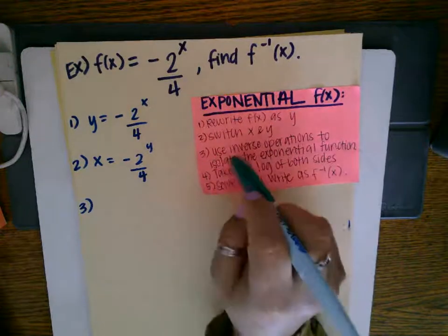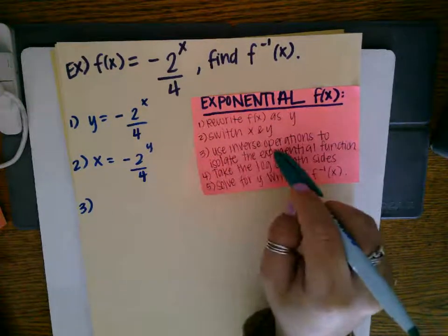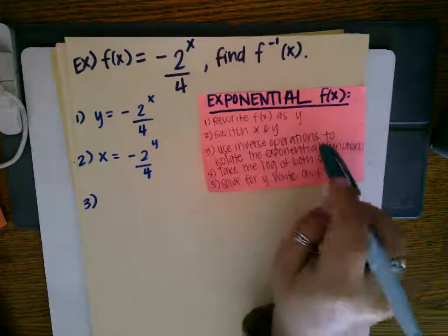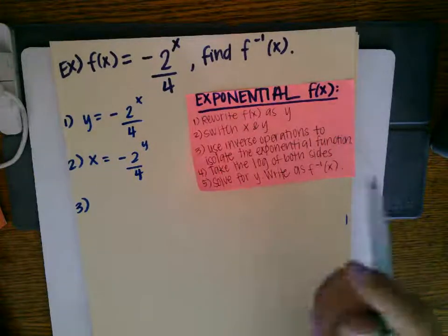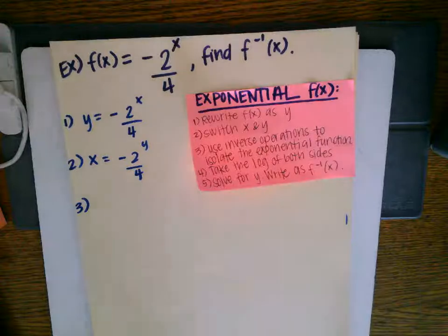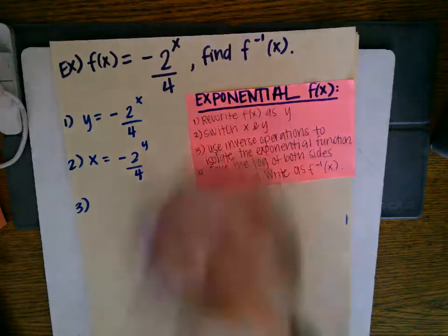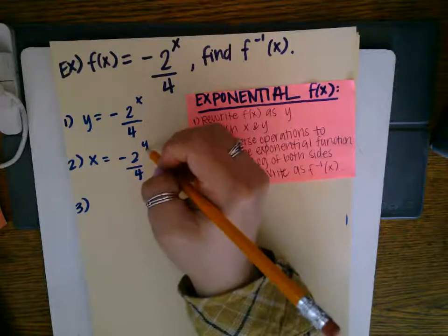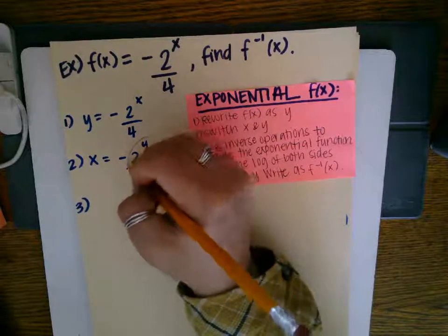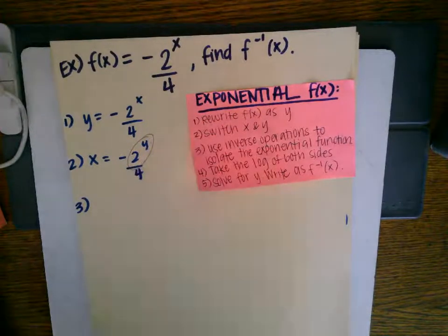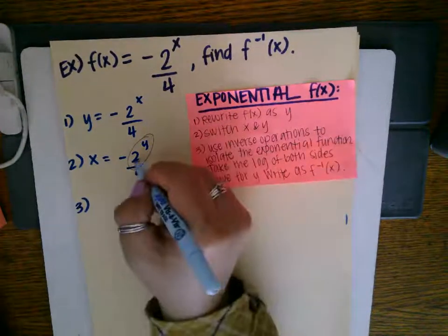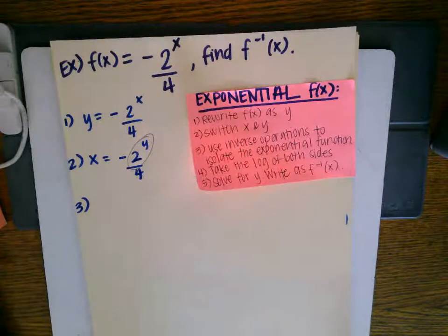It says use inverse operations to isolate the exponential function. We want to use things that undo each other to get the exponential function alone. A strategy I like to use is to find the exponent, look at the base, and circle it. So I want to get just 2 to the y alone.